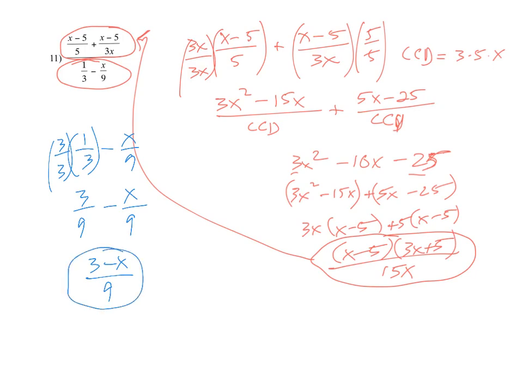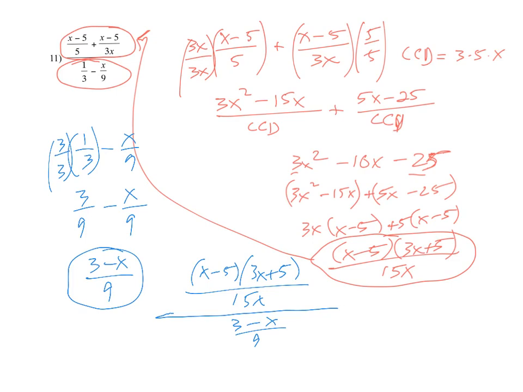Okay, so this is the top fraction and this is the bottom fraction, so what we're getting is x minus 5 times 3x plus 5 all over 15x, and this over this, 3 minus x over 9. So now we have a fraction divided by a fraction.